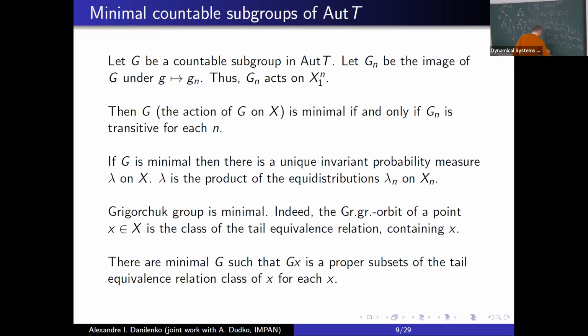And if you consider H, the subgroup of G consisting of those elements g such that the sum of all coordinates is 0, where g is a sequence of elements g1, g2, and so on, and starting from some point we have zeros.